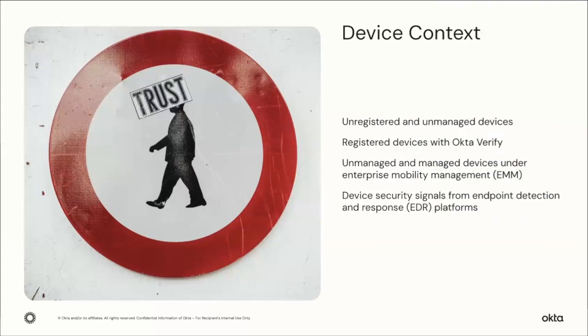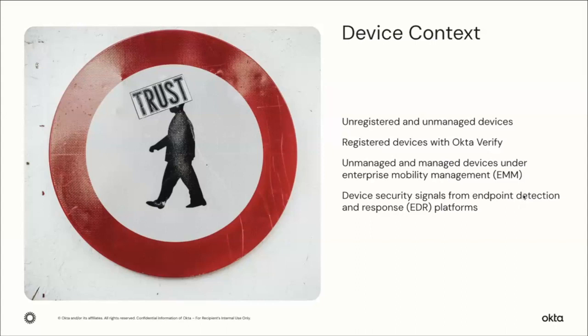And if you have managed devices administrated via an endpoint management system, then you can pair that endpoint management and the confidence that comes from having a healthy, well-managed asset with all the security policies, software and patches applied with your Okta certificate authority.